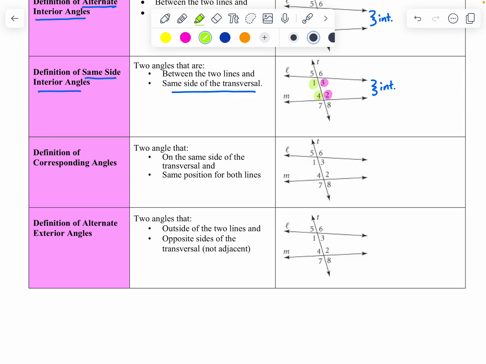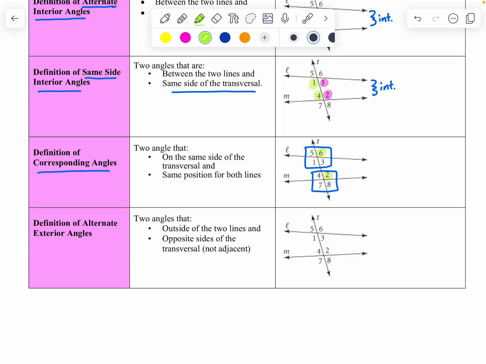Our final two, we've got corresponding angles. These are on the same side of the transversal and in the same position for both lines. If I look at angle 6, in this group of 4 angles, it's in the upper right-hand corner. And in this group of 4 angles, the upper right-hand corner is angle 2. So angle 6 and angle 2 are corresponding angles.